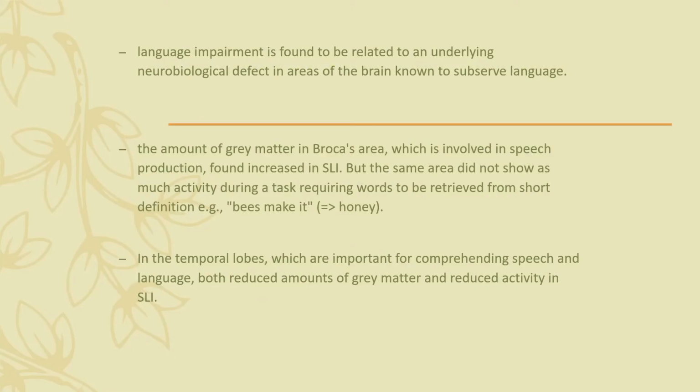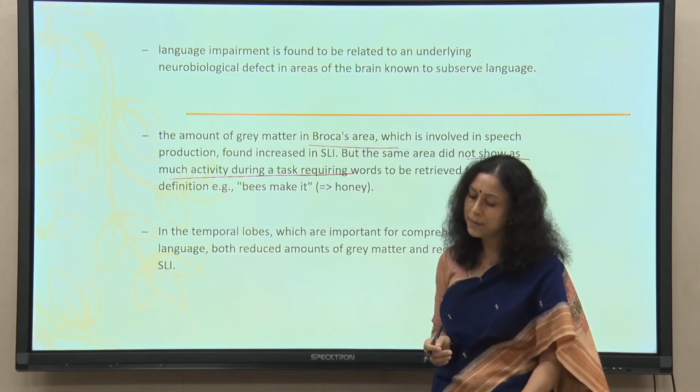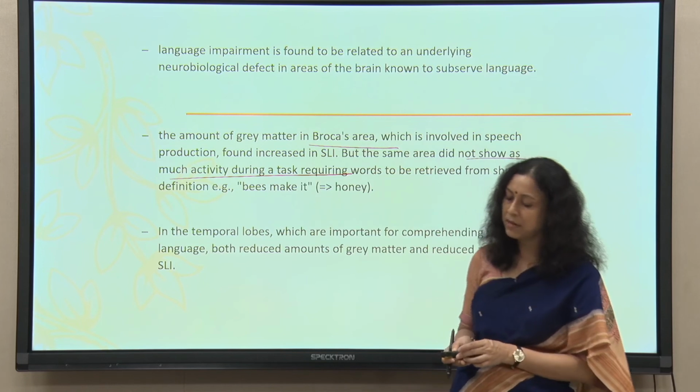It is found that the gray matter in Broca's area, which is involved in speech production, was increased in case of SLI, specific language impairment, but even though there is an increased amount of gray matter, it showed decreased activity. It did not show as much activity during the task. So, though the gray matter is increased, the activity level was not.